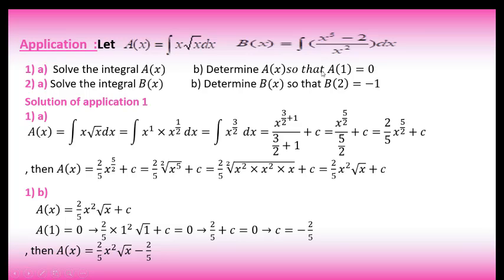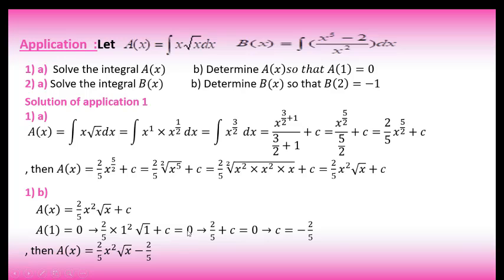Now determine a of x so that a of 1 equals 0. This condition is called the initial condition. It means that for x equal to 1, a of x equals 0. That is, substitute x by 1 to get 0. Replace x by 1 as you see, plus c equals 0.